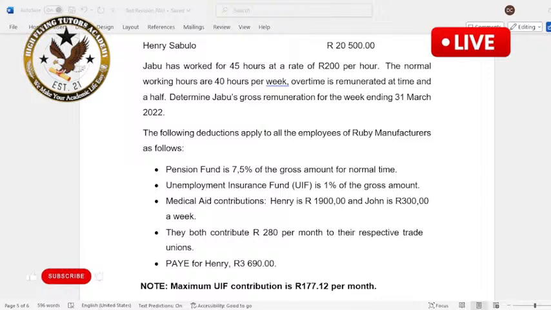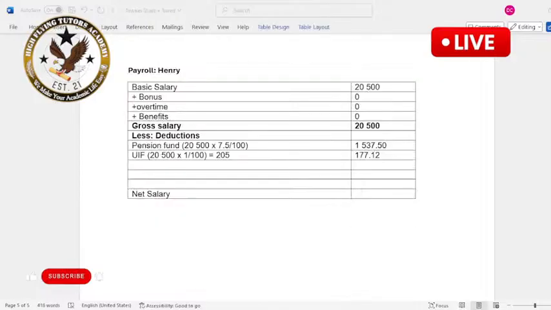Another contribution is medical aid. Medical aid contributions: Henry is contributing 1,900, John 300 a week. So you can just go to your answer sheet, medical aid. Medical aid for Henry is 1,900, right?